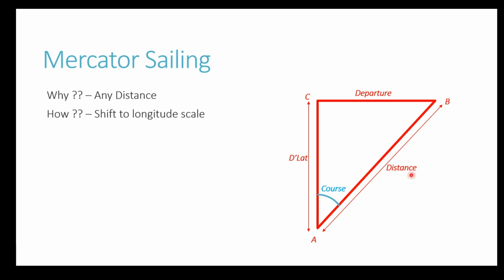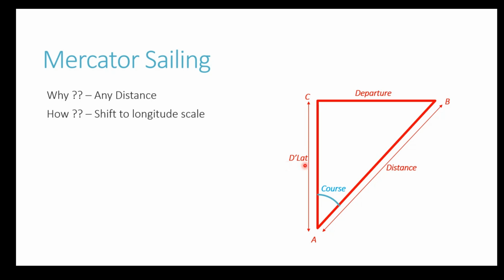Now, if you look carefully, distance is measured as minutes of latitude. 1 minute of latitude is equal to 1 nautical mile. So we measure this side in units of latitude. Coming to the vertical side, AC, we measure it as D-lat. Now D-lat, or difference of latitude, is also measured in latitude units.